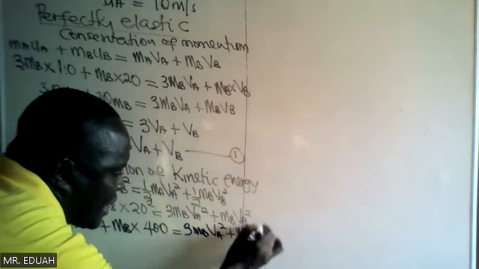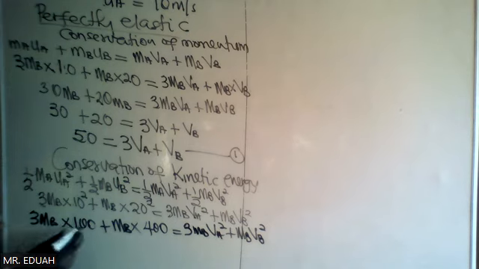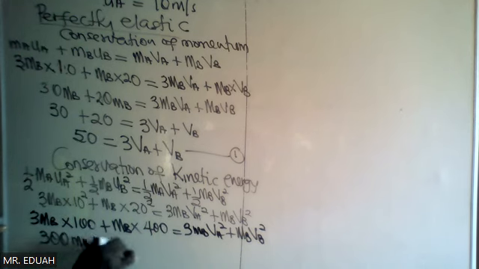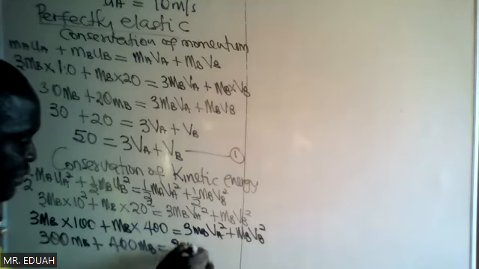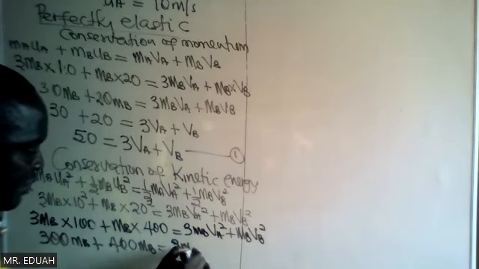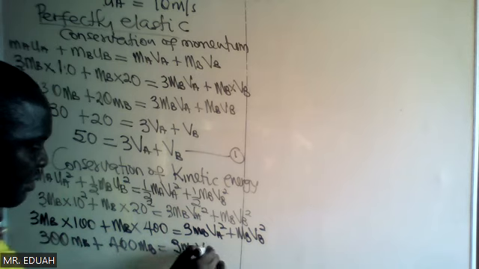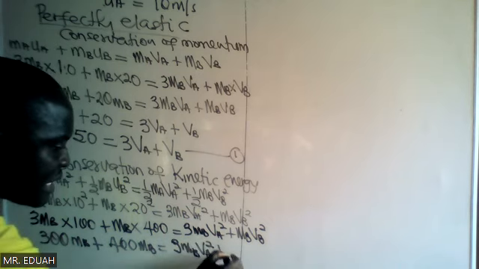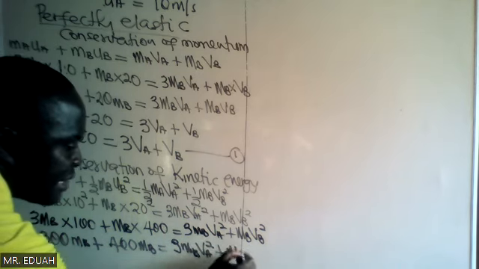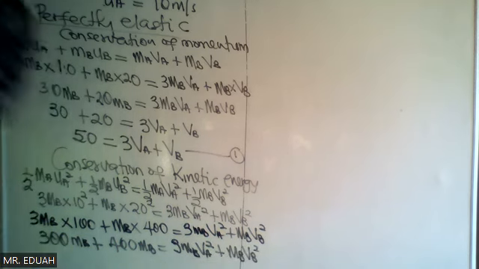Here, when we multiply, we have 300 MB plus 400 MB equals what we have at the right-hand side: 3 MB VA squared plus MB times VB squared.